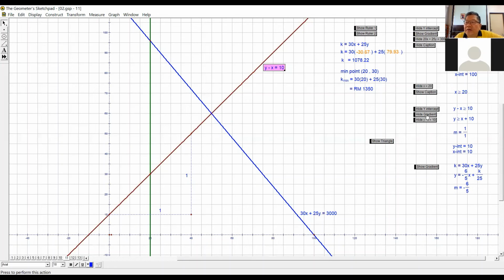Okay. So actually, where is the shaded region? The shaded region is here. This is the shaded region. And you have to call it R. You put the letter R inside this region.